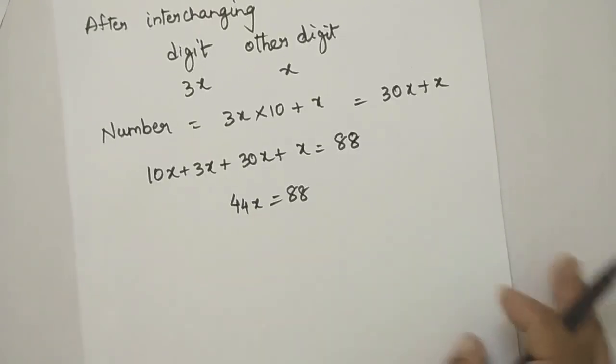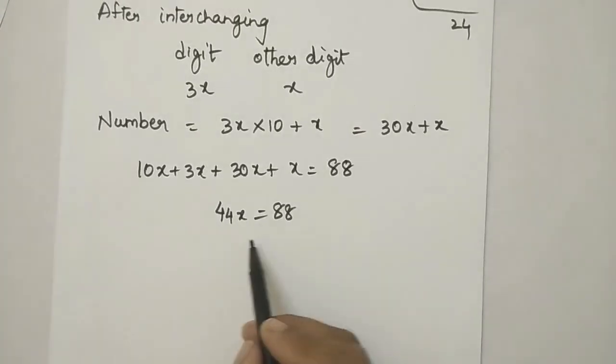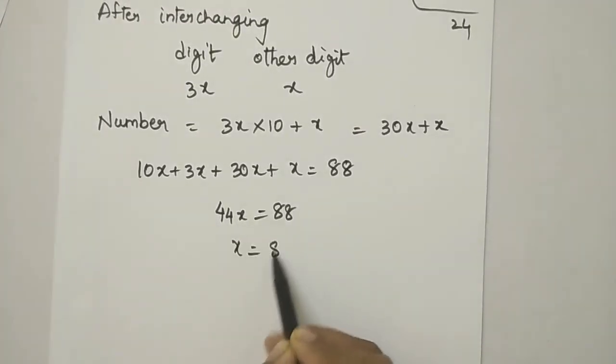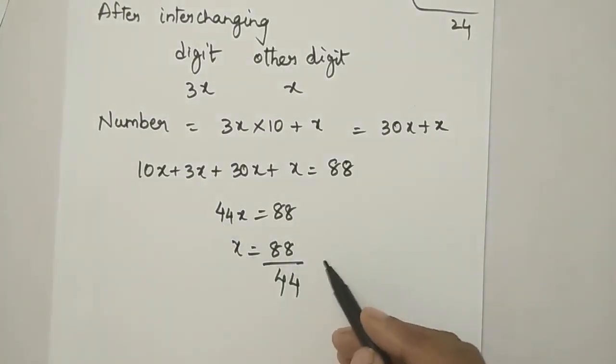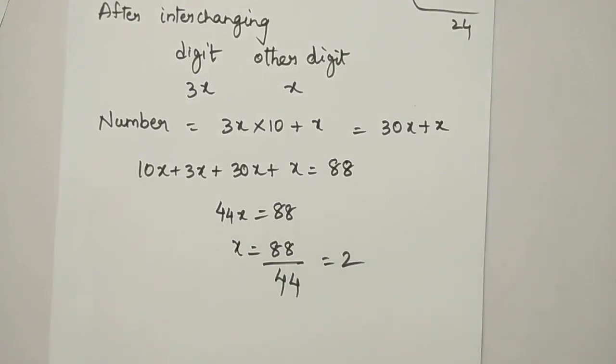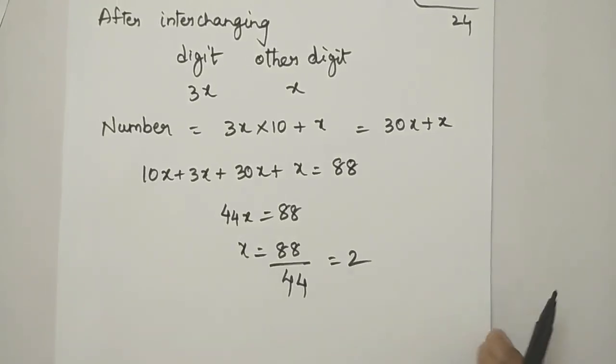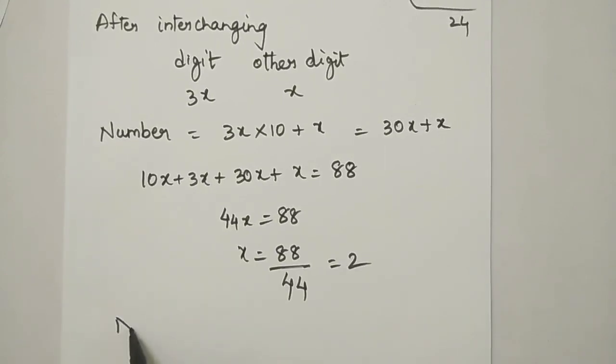You will get x is equal to 88 by 44. I am bringing this 44 to the RHS. This is equal to 2. So we got the value of x as 2. Now substituting into what we assumed, that is, the number is 10x plus 3x.